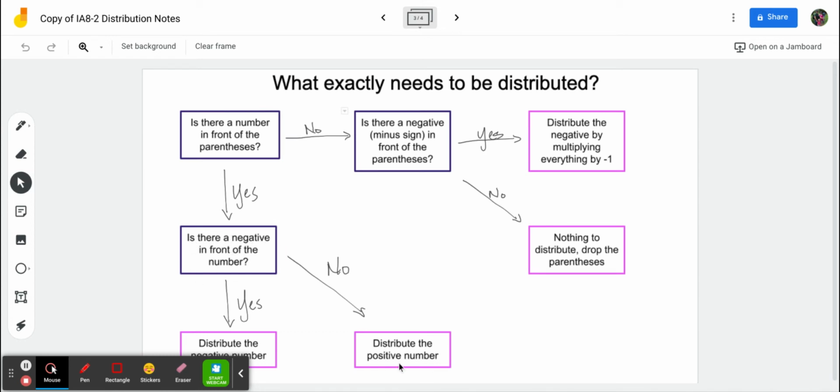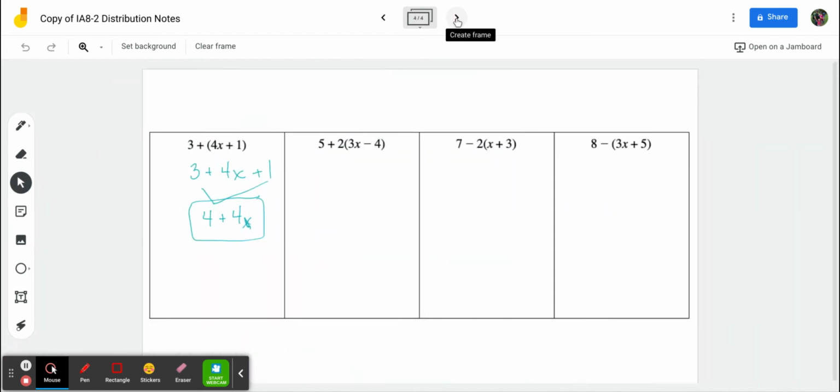The answer is no. So we're going to distribute the positive number 2. What I want to point out here is in our order of operations, we always multiply before we add. So we're not going to add 5 and 2. 5 is all on its own. We are going to drop it down, and that's all that's going to happen with the 5 until later.